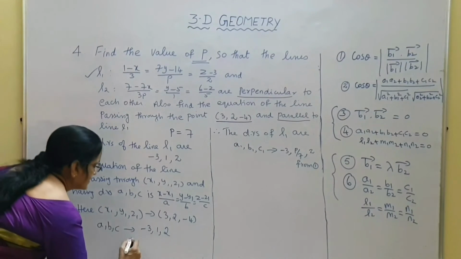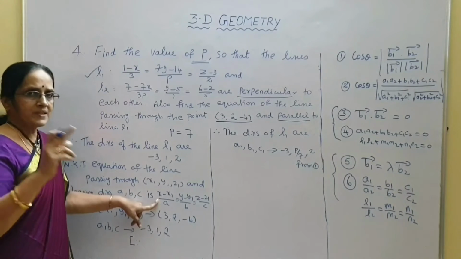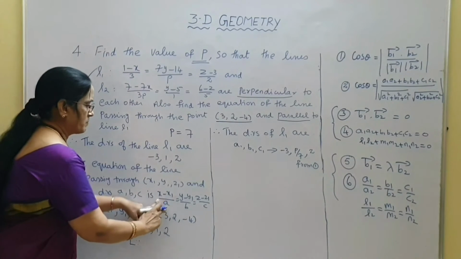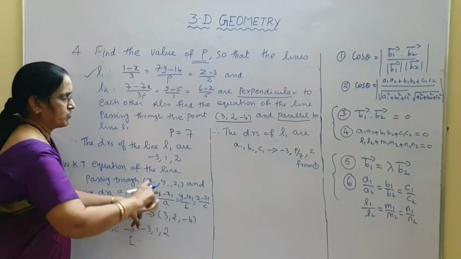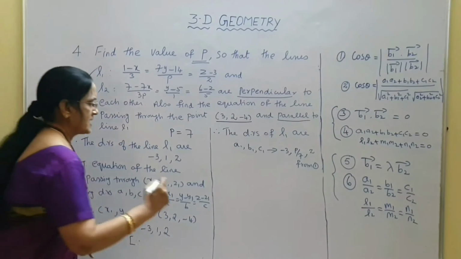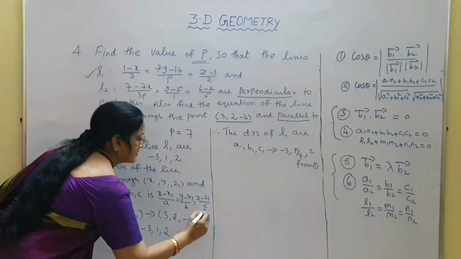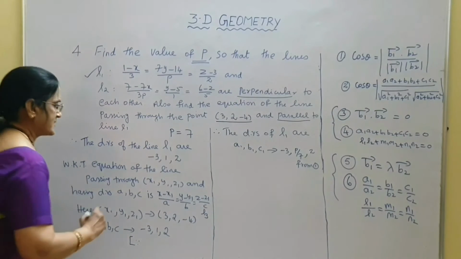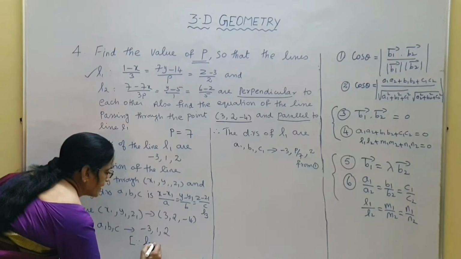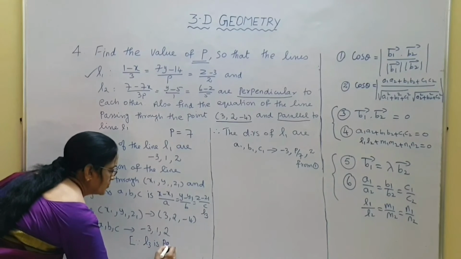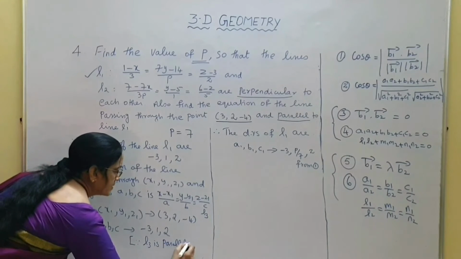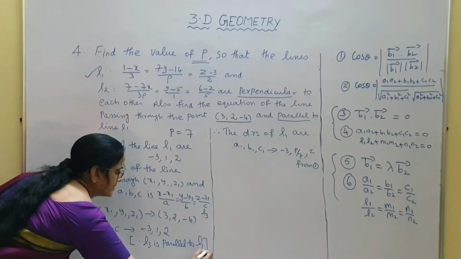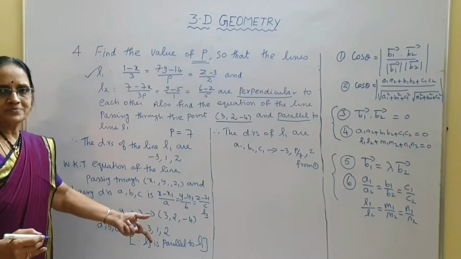Since you name this equation x minus x1 by a equal to y minus y1 by b equal to z minus z1 by c as L3, easily we can write the reason inside the bracket: since L3 is parallel to L1, because that is what is given to you.